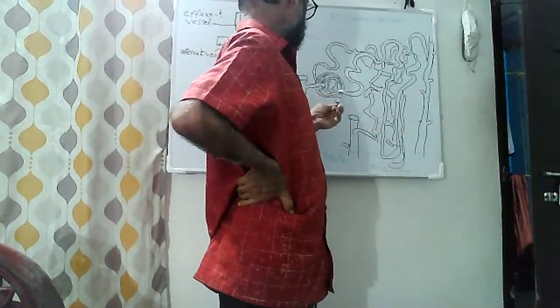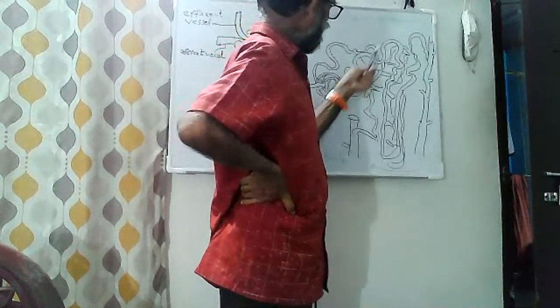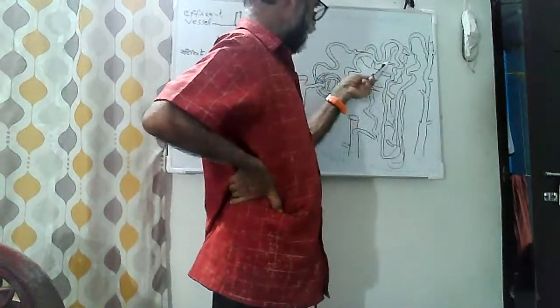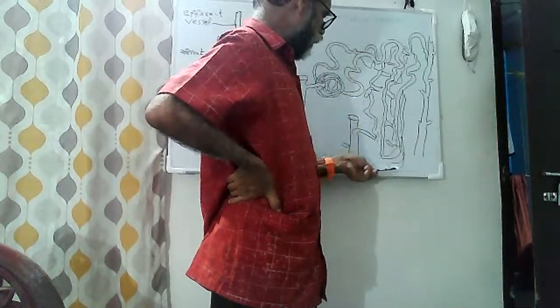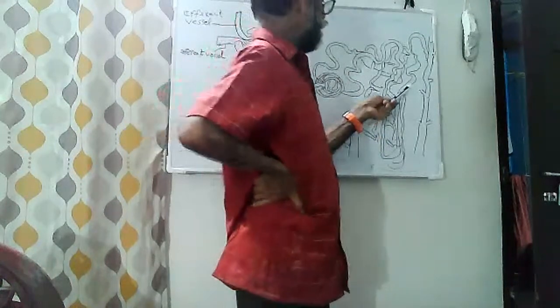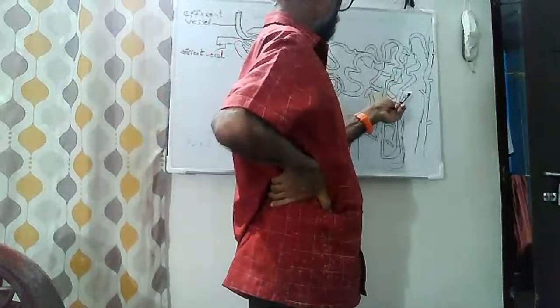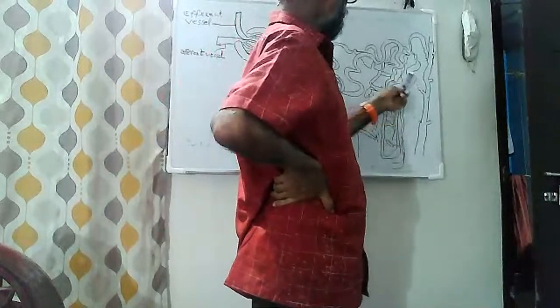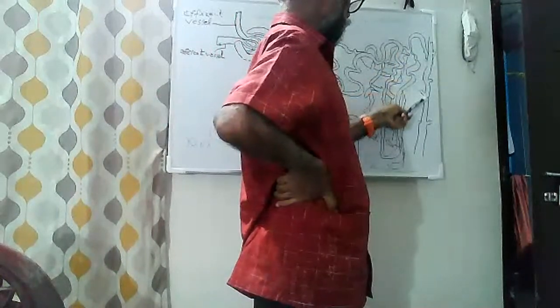So the nephron starts from Bowman's capsule. Then there is a first convoluted part. Then it passes through a long loop called Henle's loop. And then again there is a second convoluted part, which opens into a collecting tubule.